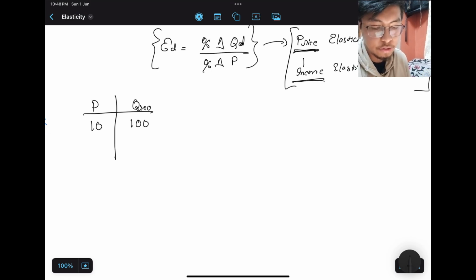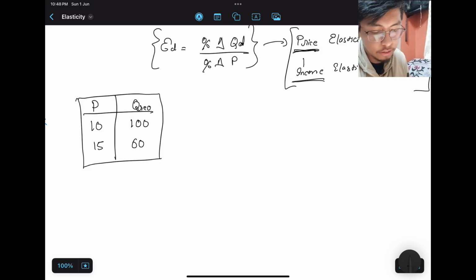When the price changed to 15, let's say people decreased their demand to 60. Fair enough. This is your demand schedule.